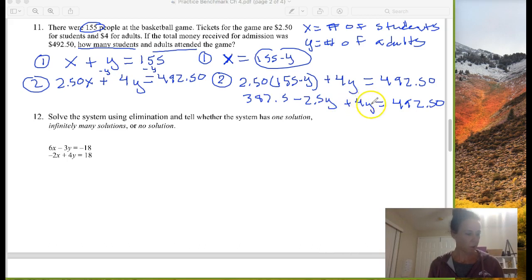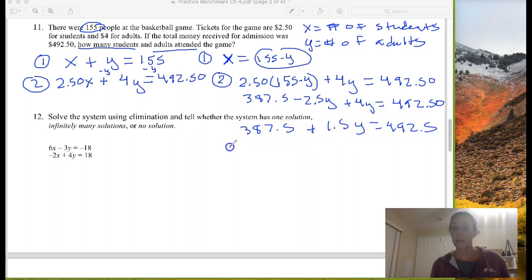So if I have 4 Y's and I subtract 2.5 Y's, I'm going to have 1.5 Y's left. And that's going to be 387.5 plus 1.5Y equals 492.5. Oh, it's so ugly. Let me try that again.